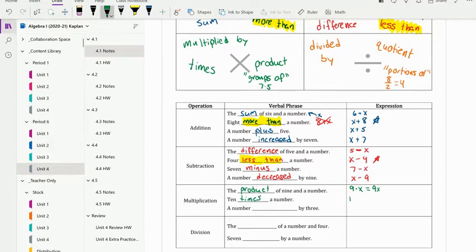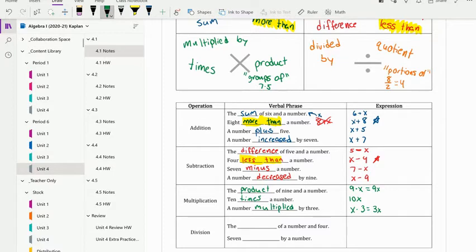So 10 times a number, or 10x, and a number multiplied by 3. Okay, so a number multiplied by 3 really is going to look like x times 3, but hopefully we recognize that's really just 3x, all the same, right? So the original order is x times 3, but remember, when you're multiplying, the coefficient, the number piece comes out front, and then your variable.